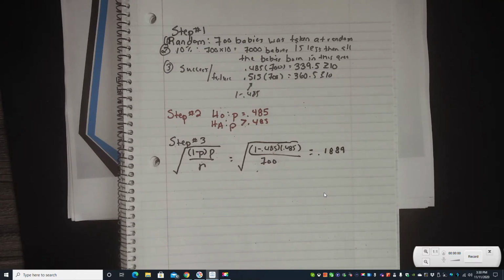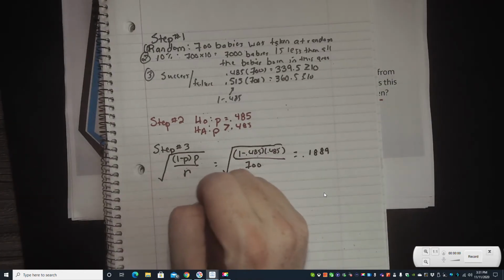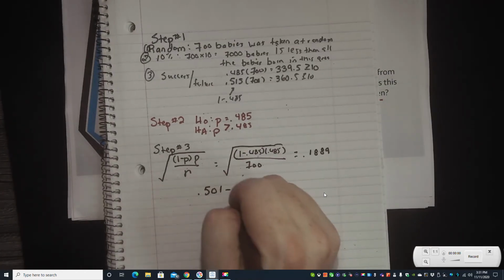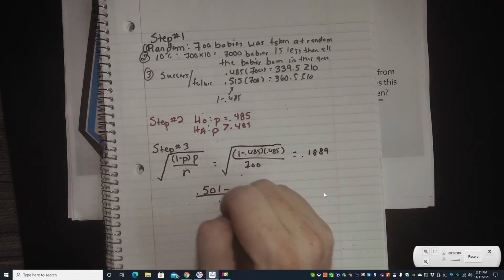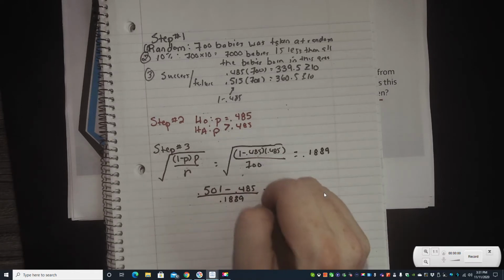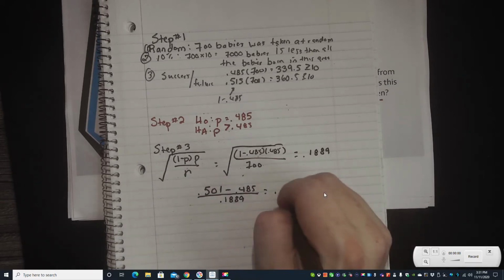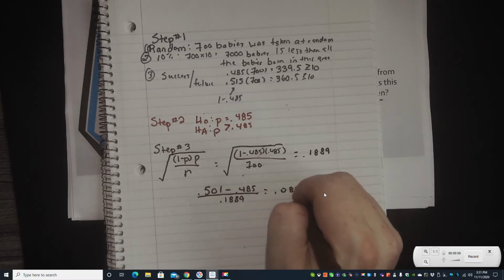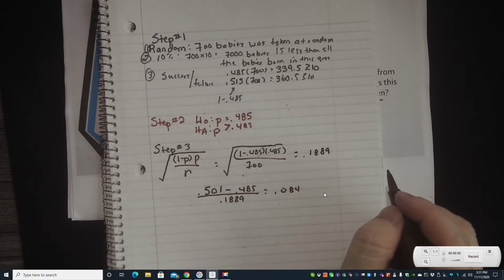Okay, and so now I'm going to go back and get my other percentage, which was 50.1. So I'm going to do 0.501 minus 0.485 divided by 0.1889. And let's see, 0.084. Actually, wait a minute now.